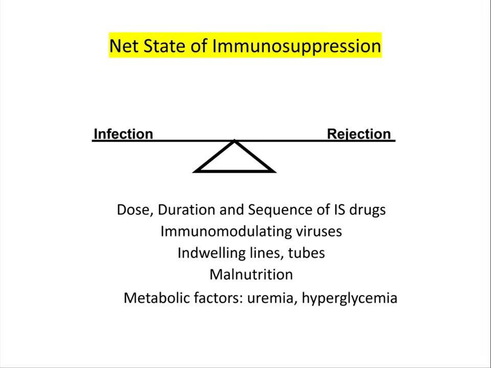But you evaluate it through what organs they got transplanted, what immune suppressions they're on, what the doses are, and whether they are going through rejection and have increased immune suppression. Also, are there predisposing things to infection?